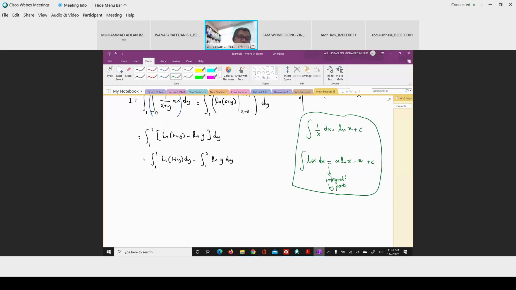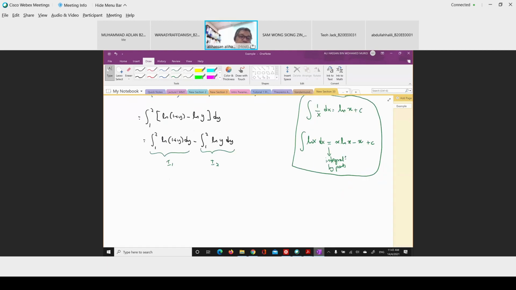Let me call the first integral here I1, the second integral here I2. Let's evaluate I1, the integral from 1 to 2 of ln 1 plus y dy.